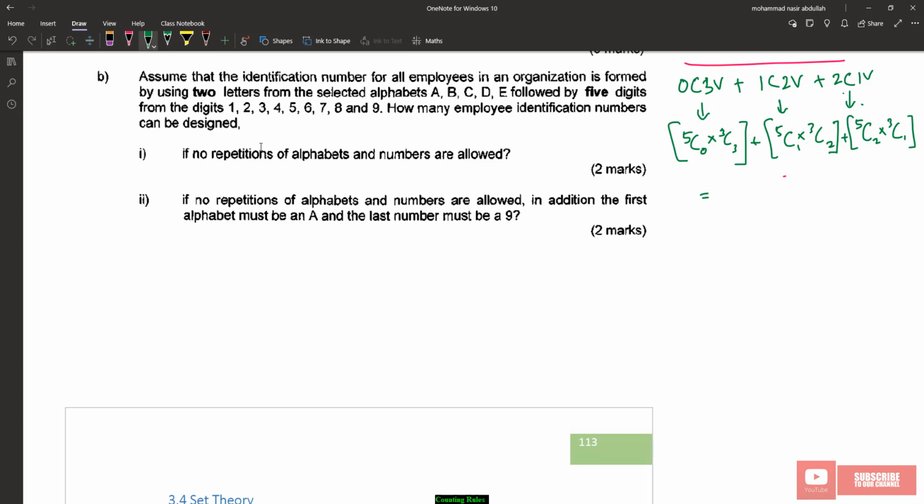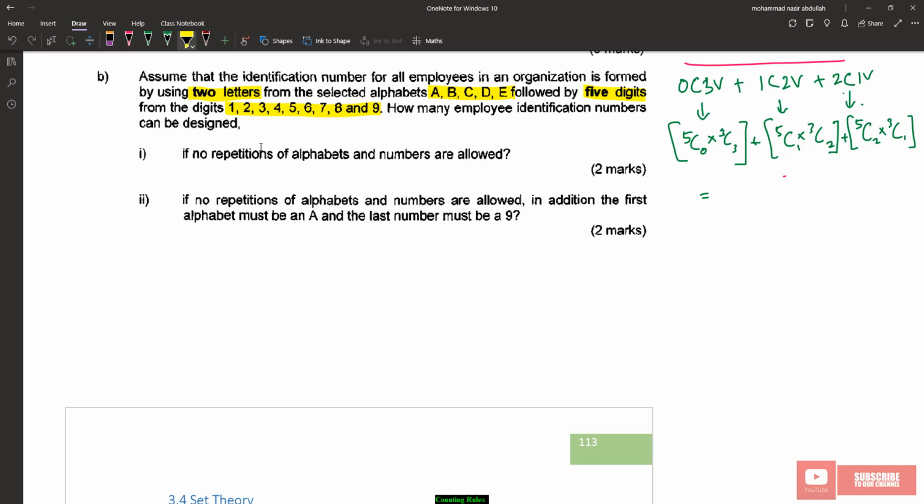So assume that the identification number of all employees in an organization is formed by 2 letters from a selected alphabet A, B, C, D, E, followed by 5 digit from 1, 2, 3, 4, 5, 6, 7, 8, 9.